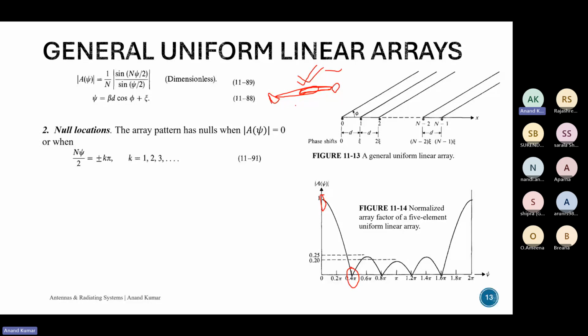But if these two devices, for example, this device is communicating in this direction, has a main beam in this direction, and the other one has a main beam in another direction, it's fine as long as there is some radiation in this direction. But if there is a null where this device's main beam is, so let me redraw this. There was this device which has a beam in this direction, but the other device's main beam is in this direction and it has a null in this direction.